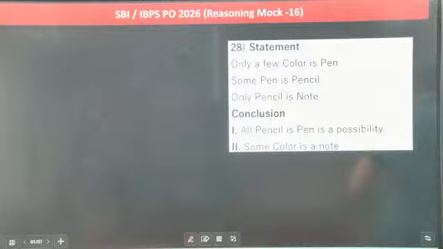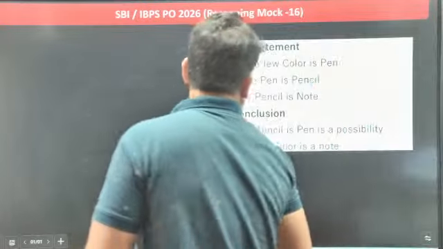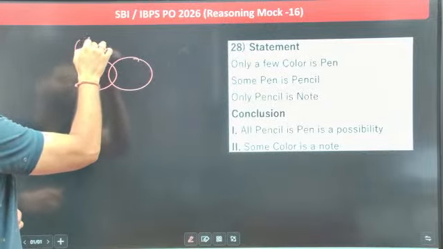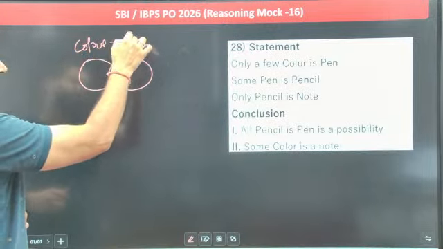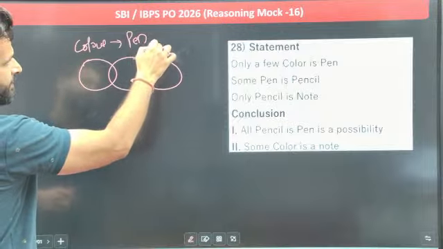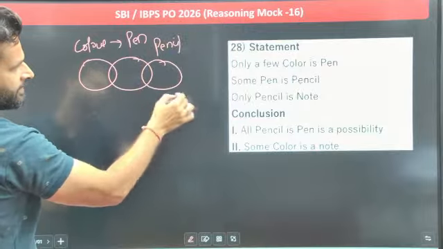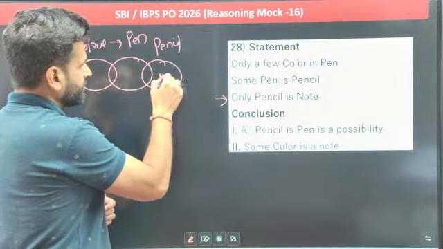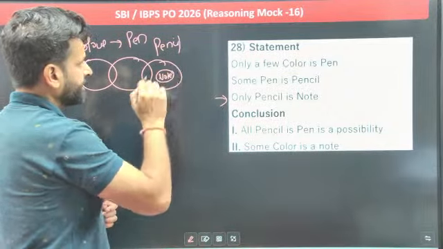Yes. Answer for this, neither one nor two, right? Only a few color is pen. Some pen is pencil. Only, case of only. Only pencil is note. So all note is pencil.